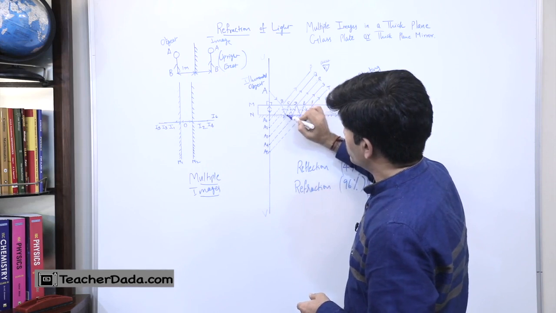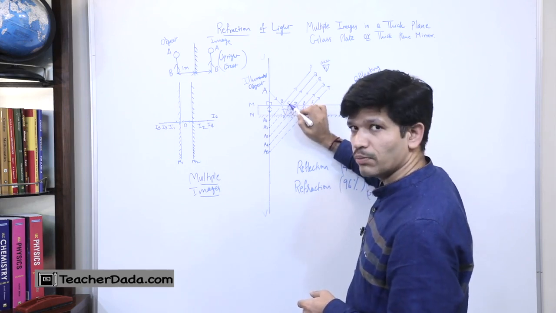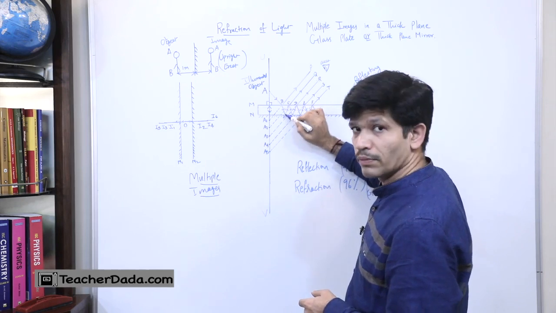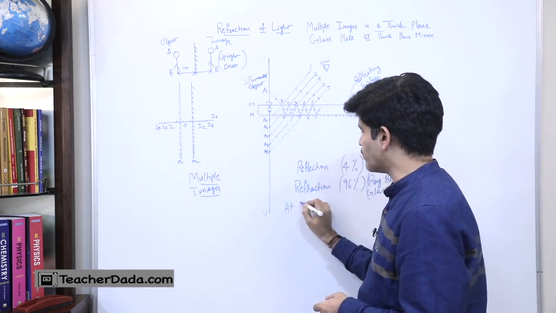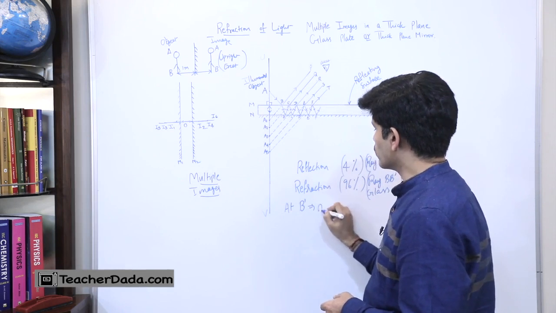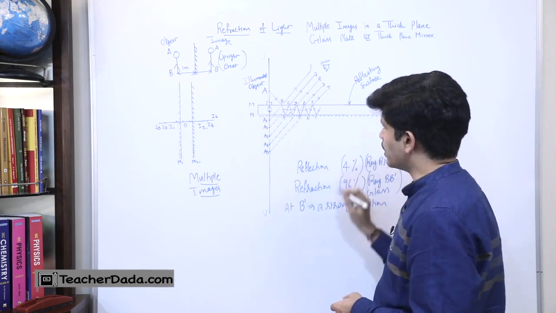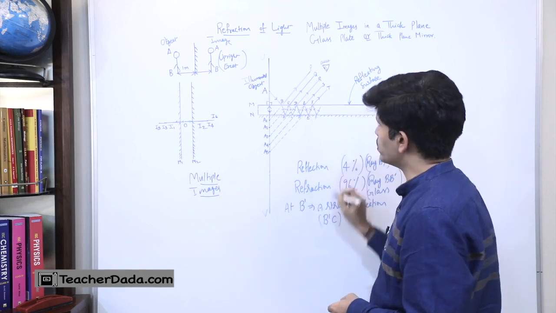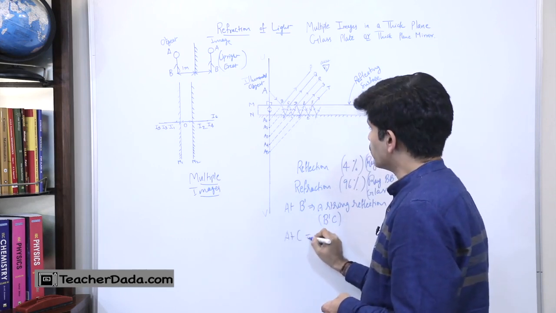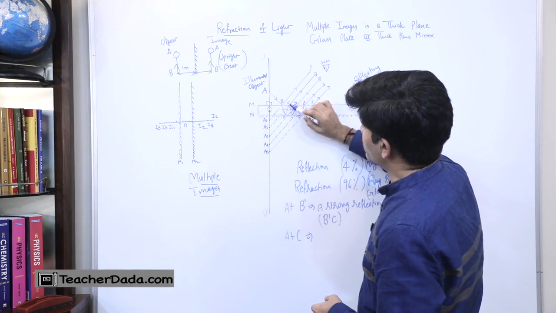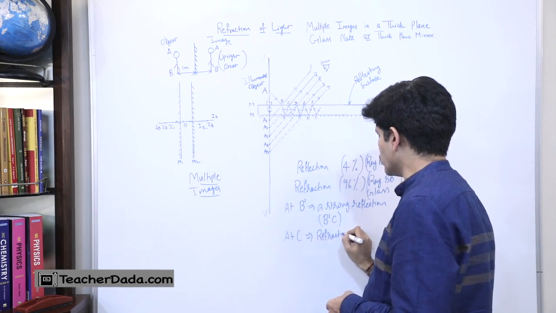Now at point B dash, what will happen? A strong reflection will take place within the thick glass plate, and that is in the form of the ray B dash C. This is a reflected ray, and at point C, you can see the ray will be refracted, and that ray is CQ, because now the medium has changed.